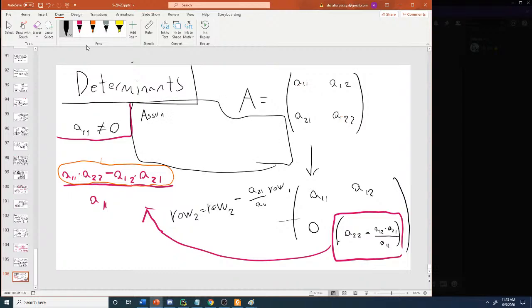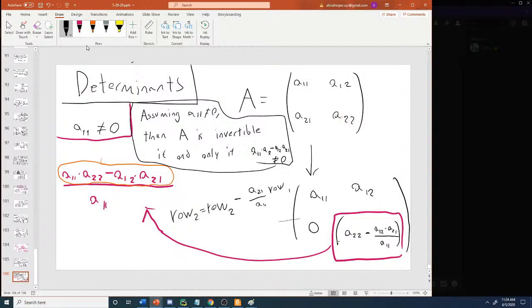Assuming A11 is not equal to 0, then A is invertible if and only if A11 times A22 minus A12 times A21 is not equal to 0.